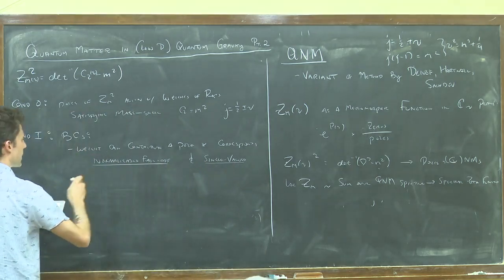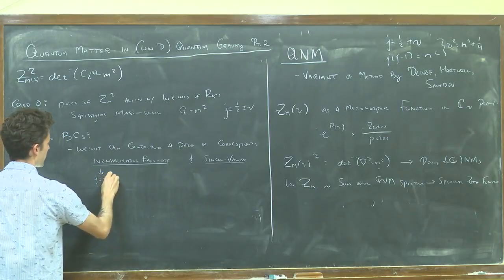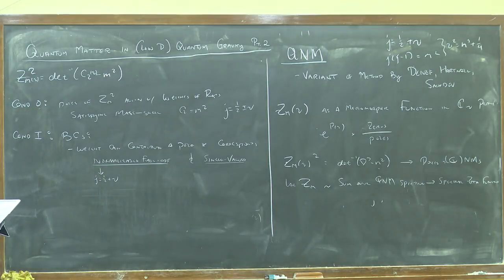So this first condition, as we stated, picks out a particular J. So set J is 1 plus nu.